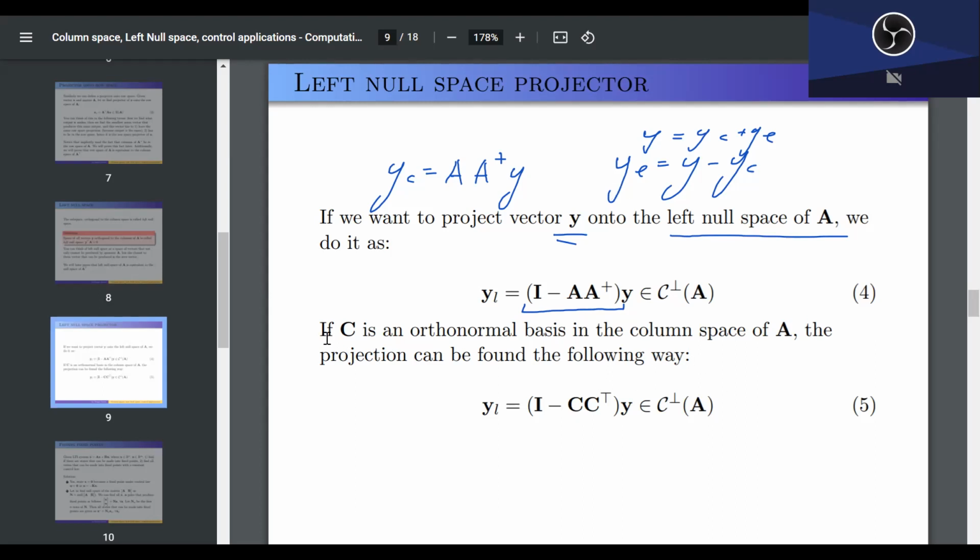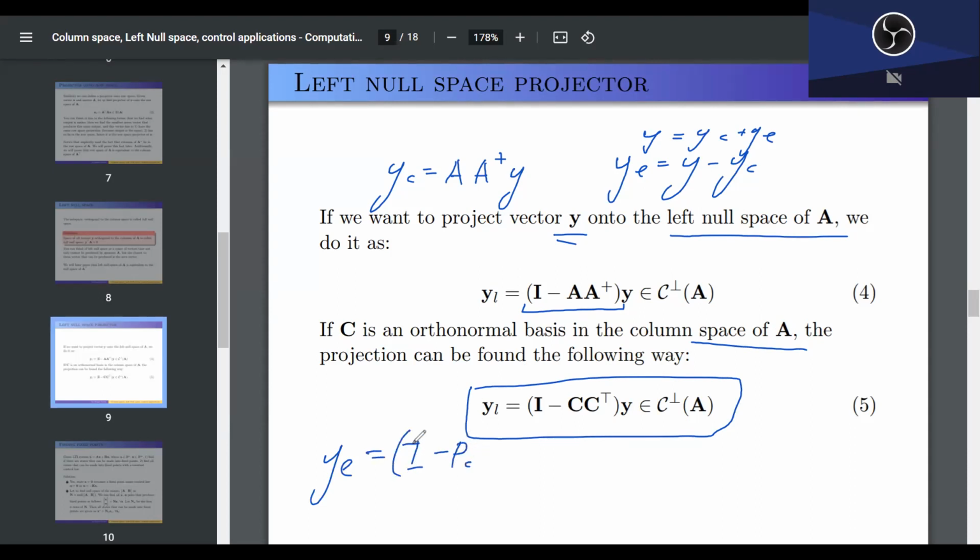Now, if we have an orthonormal basis in the column space of A, then the projection can be written as such. Why? Well, for the same exact reason as before. The more general formula would be: the projection to the left null space is the identity minus the projector into the column space, times y.